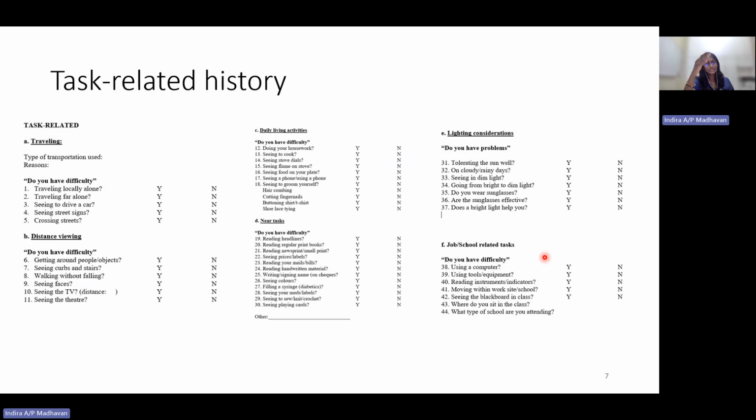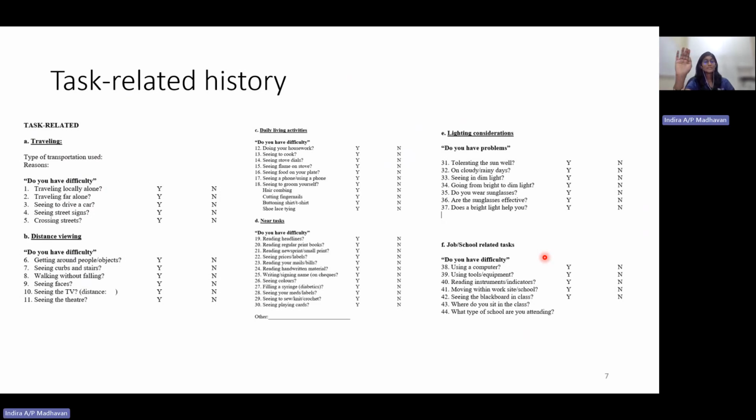If it is a teacher, the questions are going to focus on teaching. If that person is a housewife, then it's going to be a different type of question. If it is a civil engineer who goes to construction sites, then the questions are going to be different. So everybody is going to have an individual way in which we ask them the task related history.